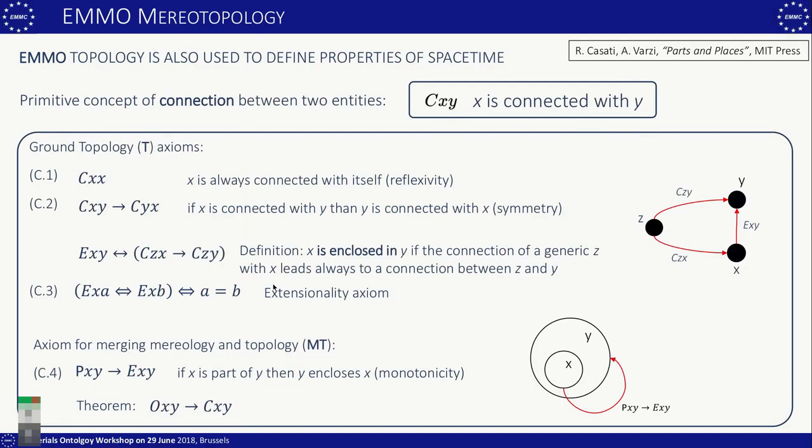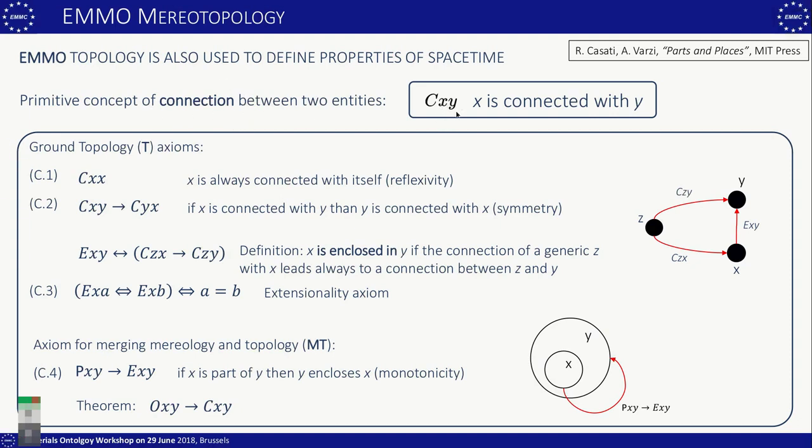We also want to use topology and to connect topology and mereology in a single field, which is called merotopology. You can find in Parts and Places also a very nice introduction to this topic. The idea is also to use the property of connection.